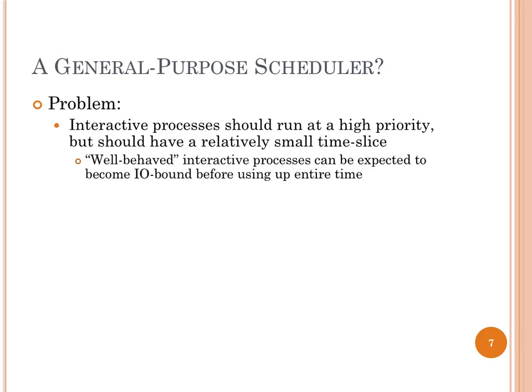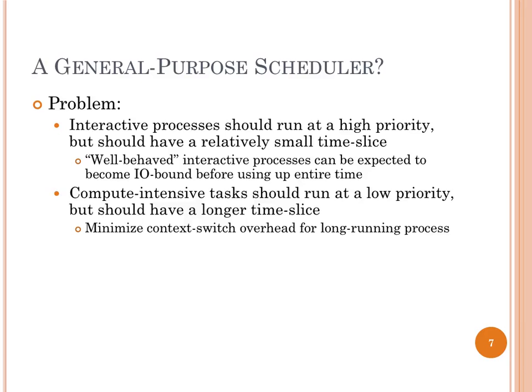They should need a small time slice because that should be all, you press a key, it shouldn't take a lot of time to process that key press. So a well-behaved interactive process can be expected to become I/O bound quickly. Then you have compute-intensive tasks. They should run at a low priority so they don't interfere with interactivity. That would be really bad if they ran at a high priority. But we want to give them as long a time slice as possible.